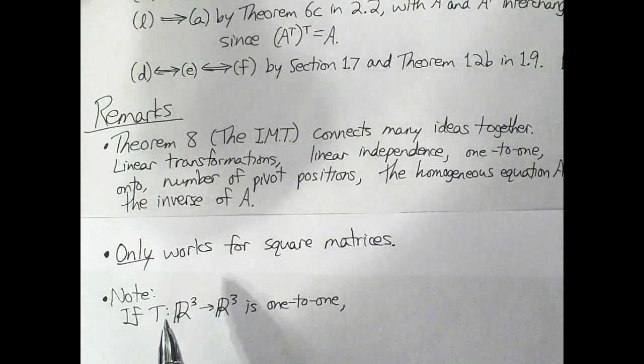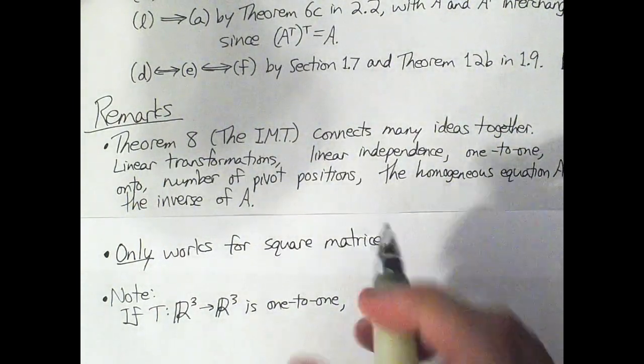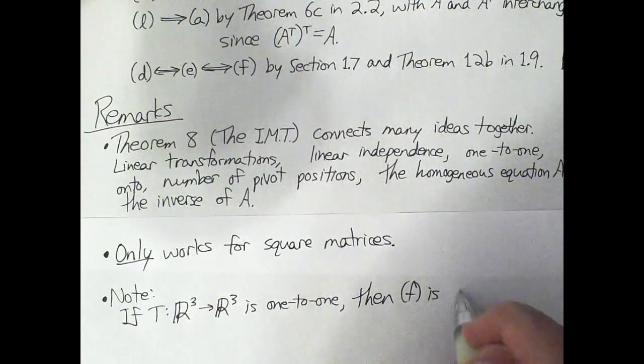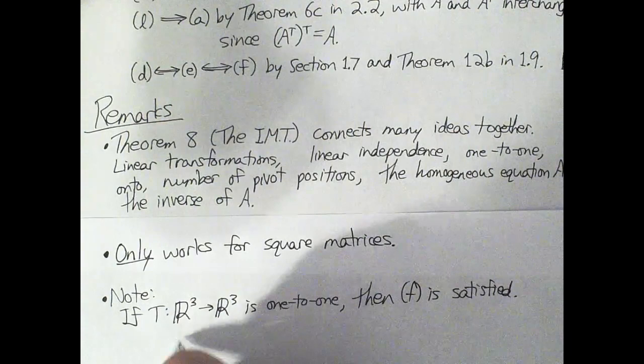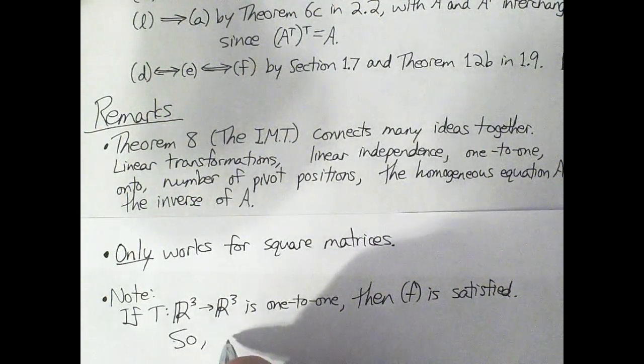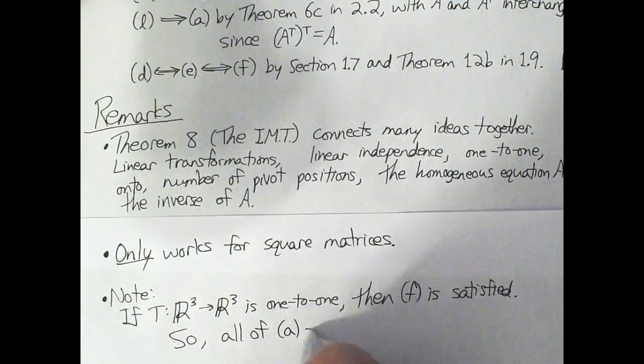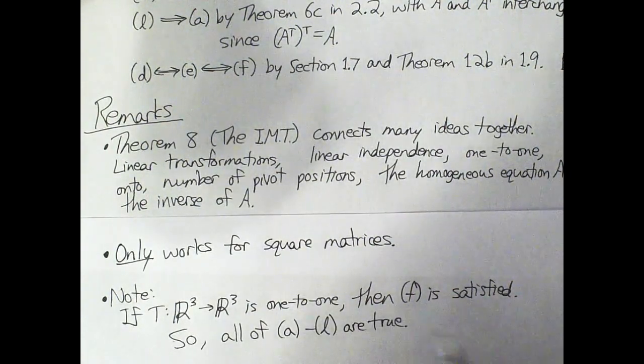Because the linear transformation is 1-to-1, I could say that item F is satisfied. So all of items A through L are true.